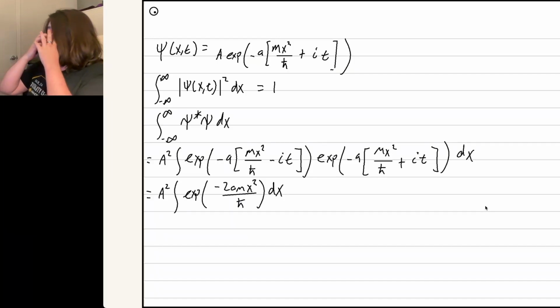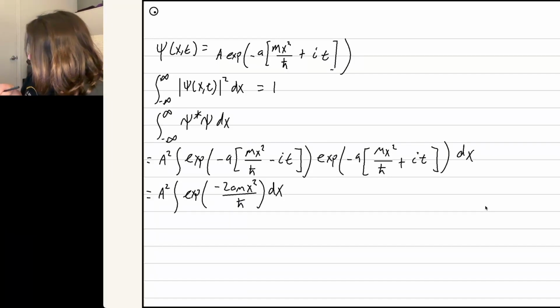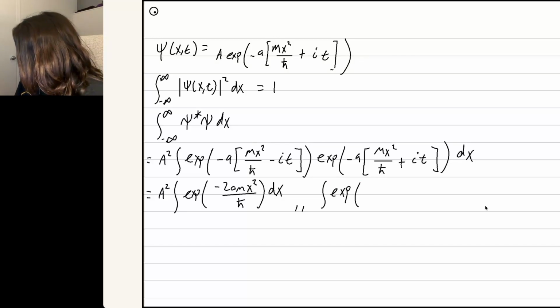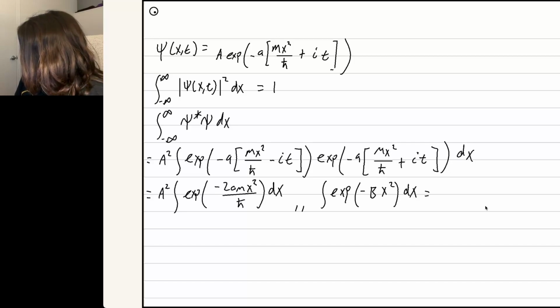All right. This integral is of a certain form. Generally speaking, the integral over all space of an exponent with an x squared power in it and a negative prefactor is going to have a solution of just square root of pi over b.